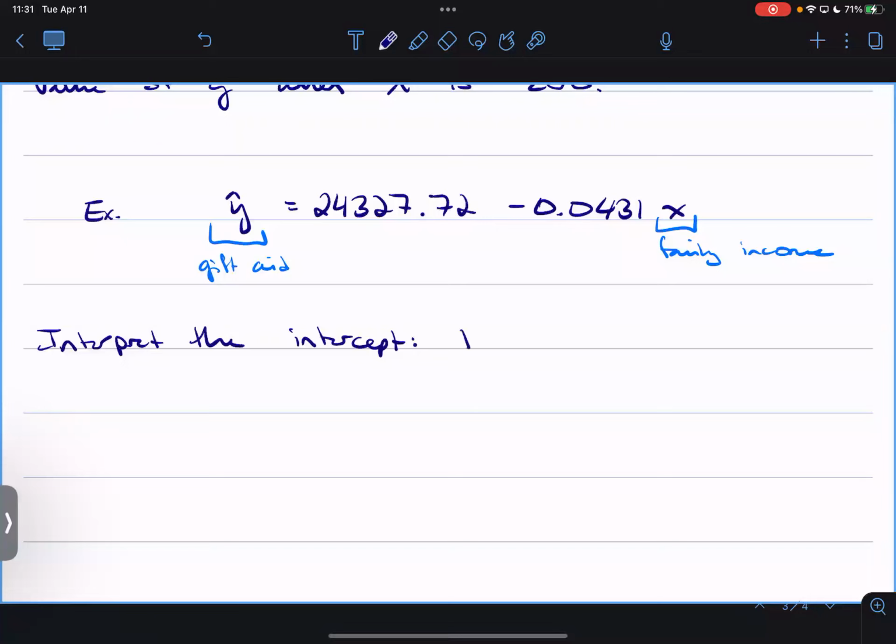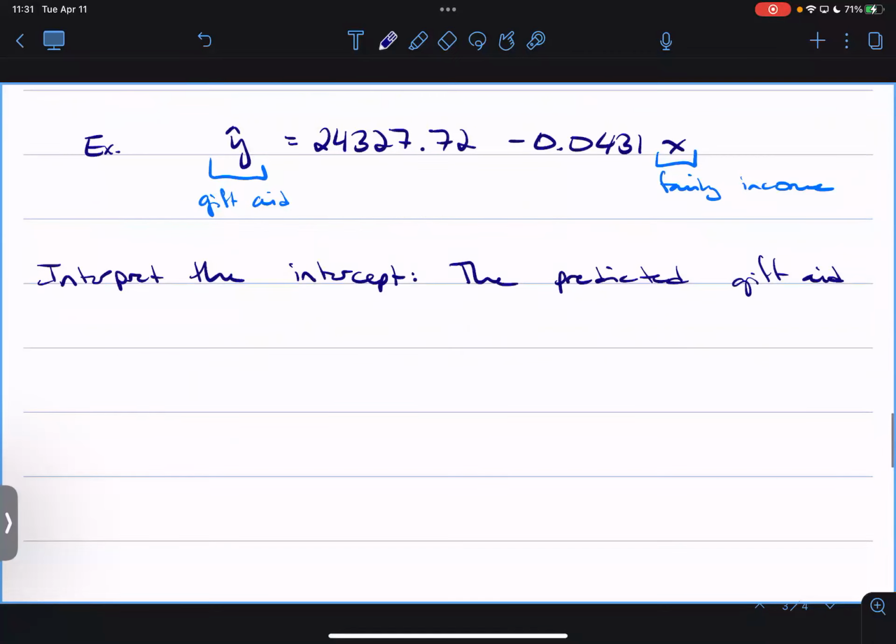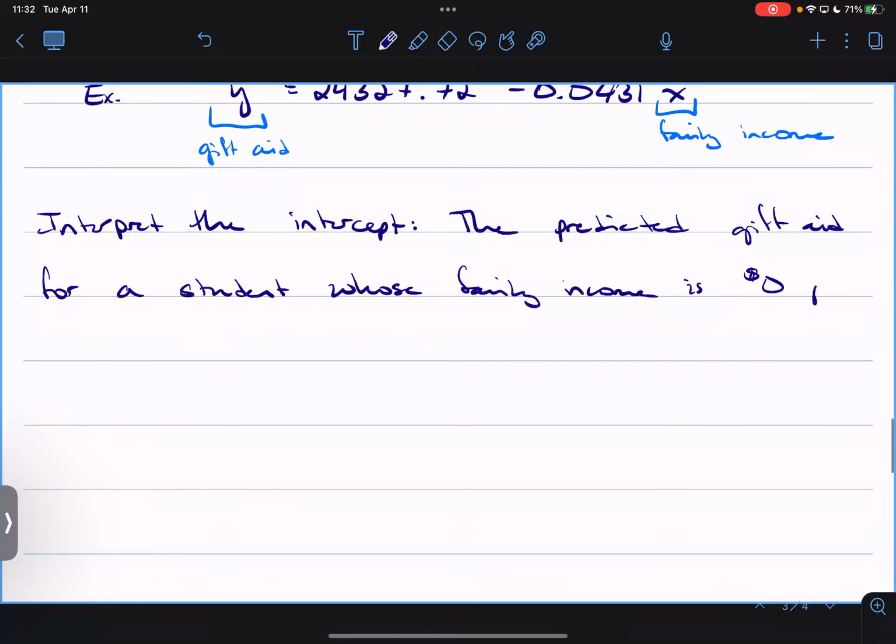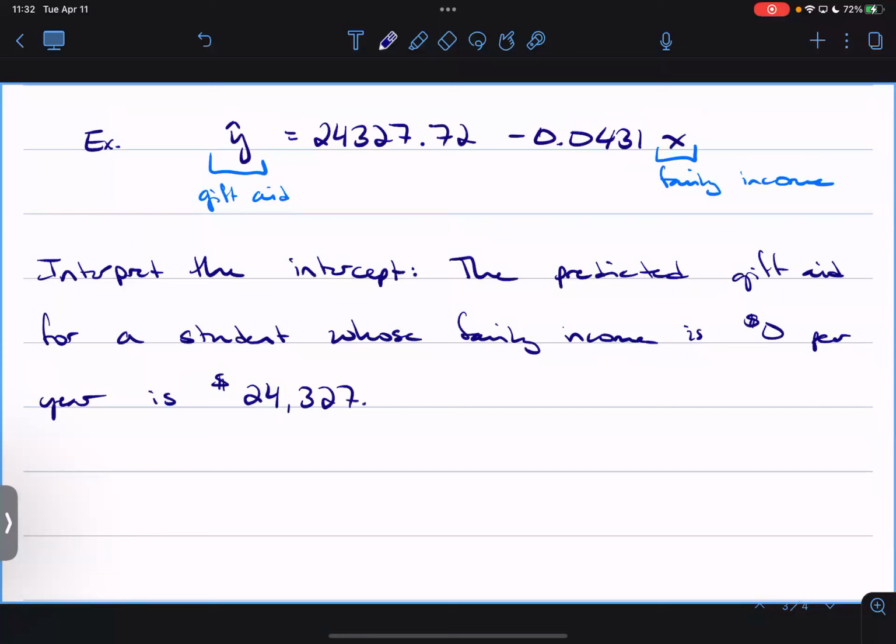Right? It's the predicted value of y when x is 0.